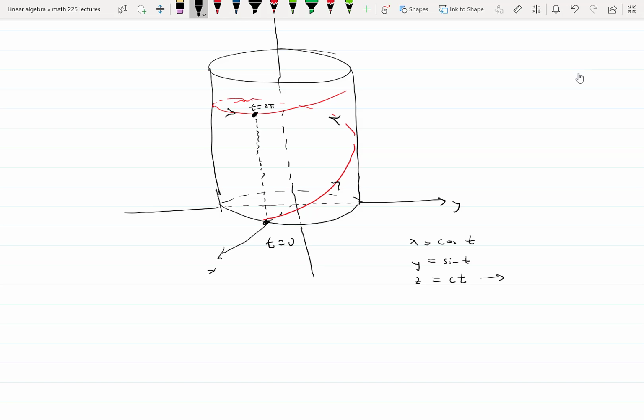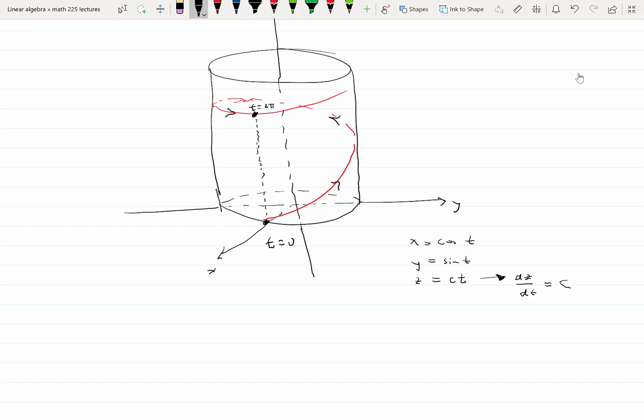This c can be thought of as the rate of increase of z. The time derivative of z, dz/dt, is equal to that constant. So c is a measure of how fast the z value is increasing.